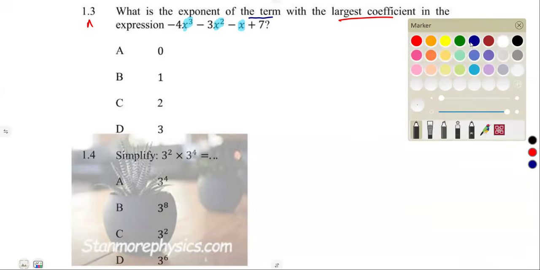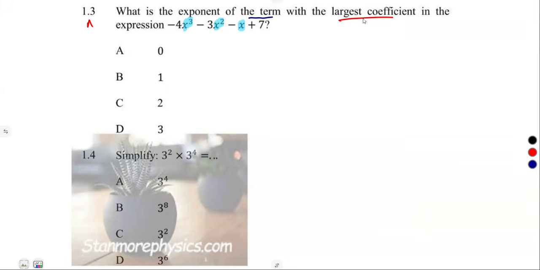So where do we have the largest coefficient from these variables? Remember, the coefficient of x cubed is minus 4. The coefficient of x squared is minus 3.